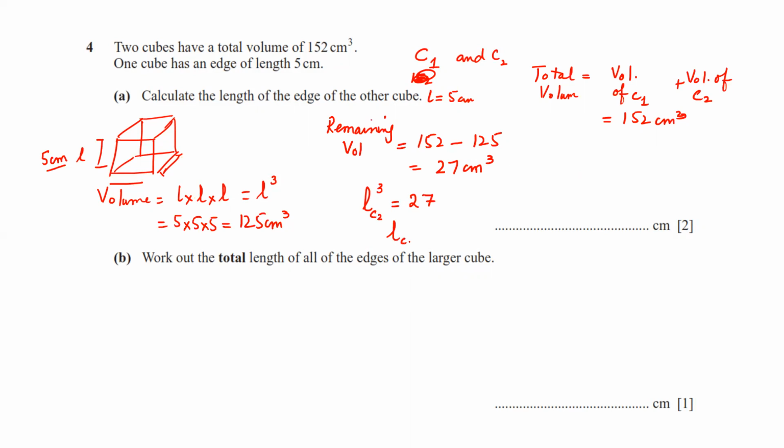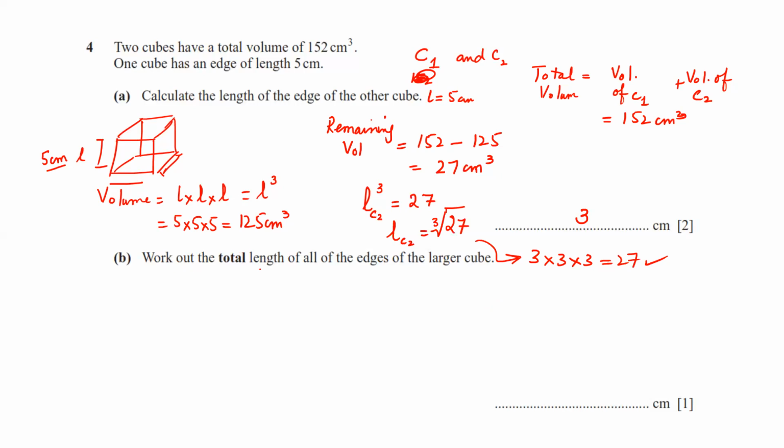So the length for C2 is the cube root of 27. And remember, the cube root of 27 is 3 multiplied by 3 multiplied by 3: 3 3 is 9, 9 3 is 27. So the length of cube 2 is 3 centimeter.